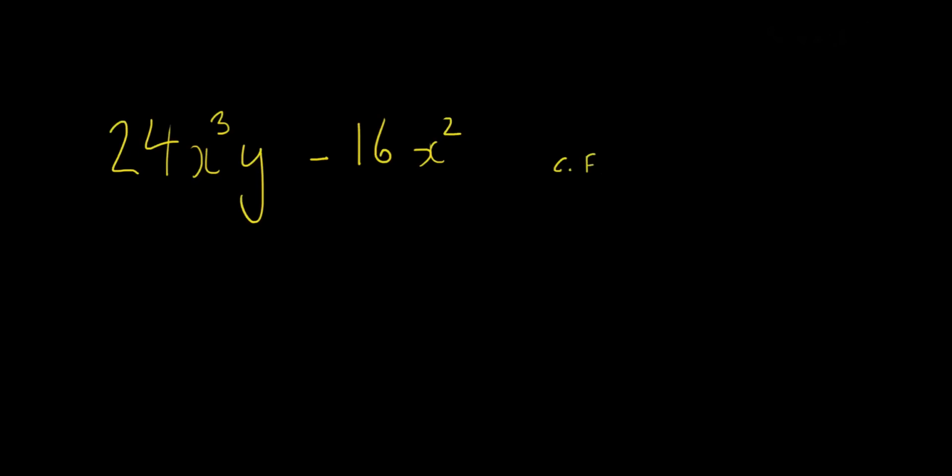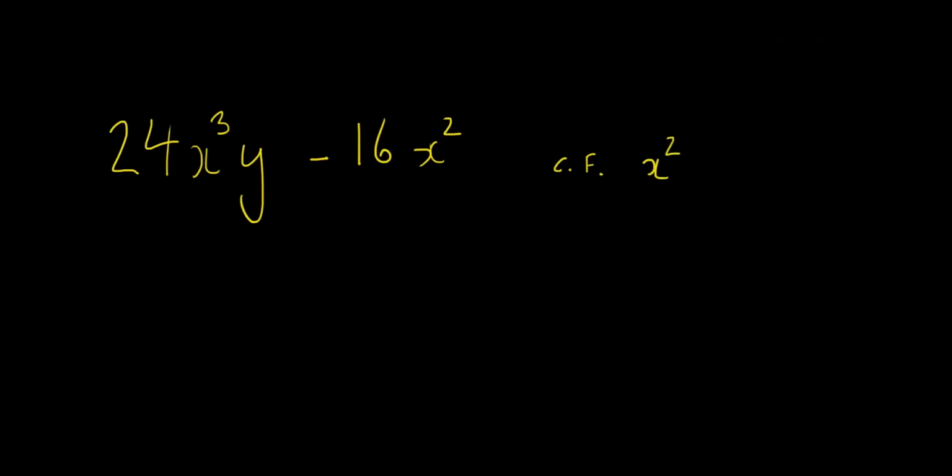Okay, let's do one last one of this, and then we're going to go into the more complex ones. 24x cubed y minus 16x squared. Right, ladies and gentlemen, common factors, please. x. What power of x? x squared, because x squared can go into x cubed.